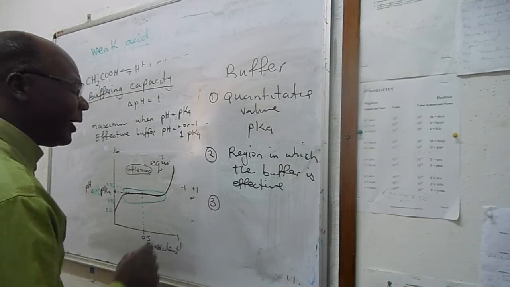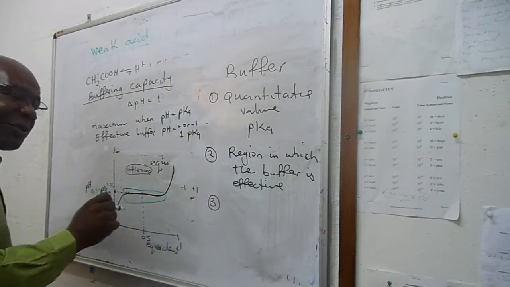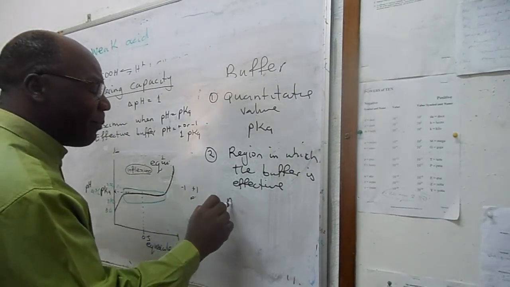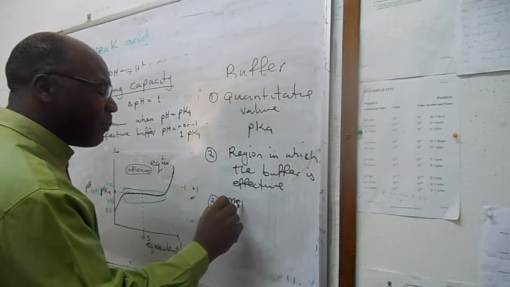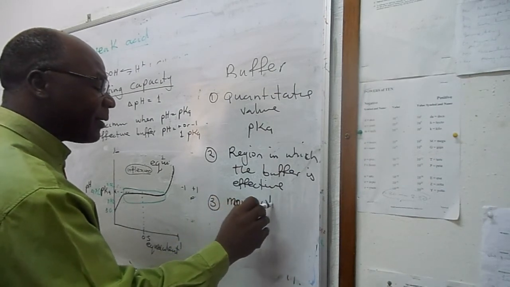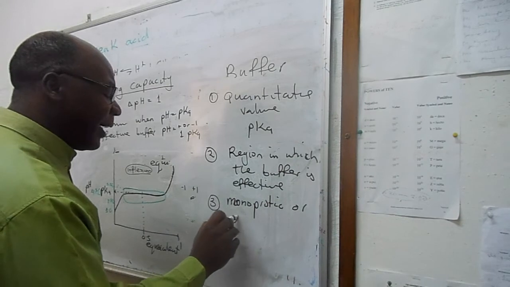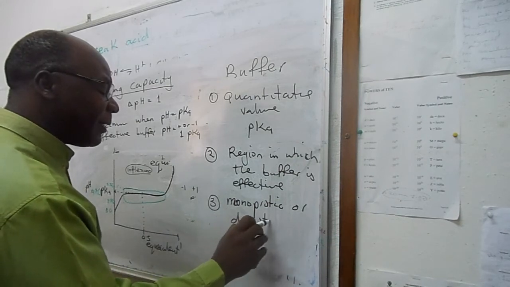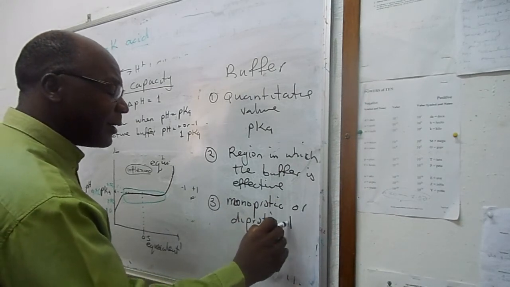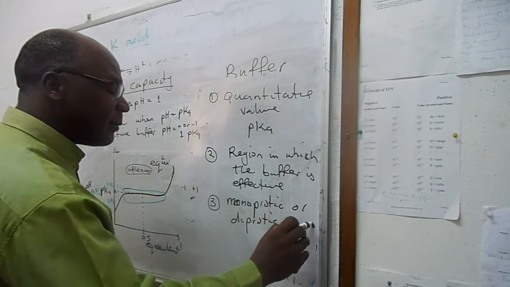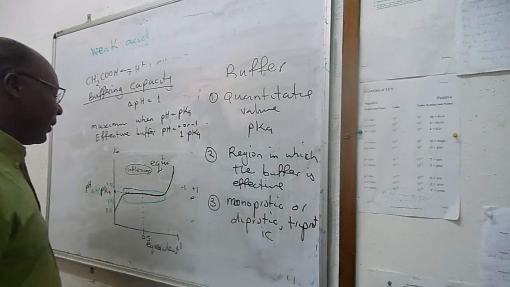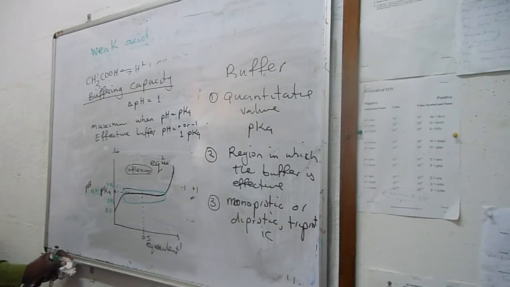Then we can also deduce whether the acid is monoprotic, diprotic or triprotic. It can give us the basicity of the acid.